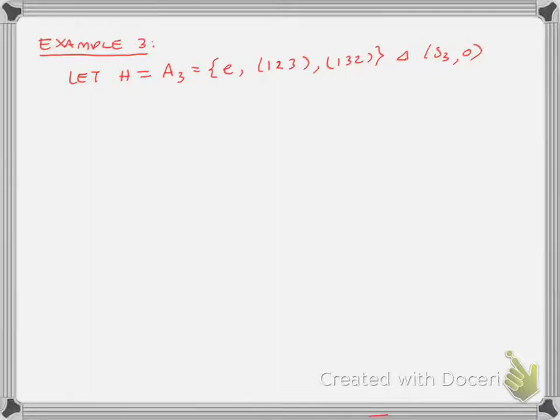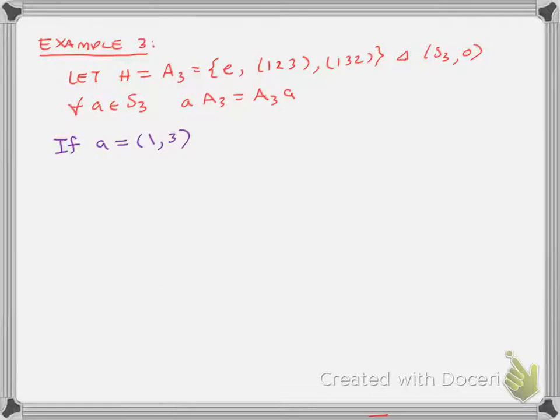That means for all a belonging to S3, a times A3 is going to equal A3 times a. Again, we're not assuming the abelian property that ah equals ha, and I'm going to show you what I mean. Let's say a is (1 3).